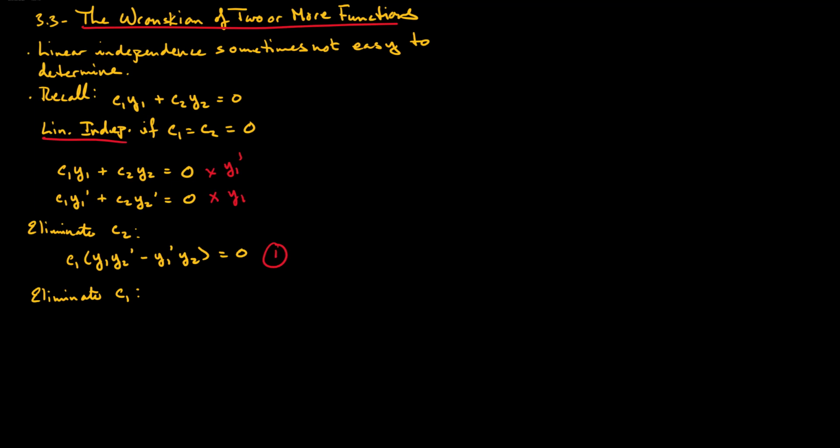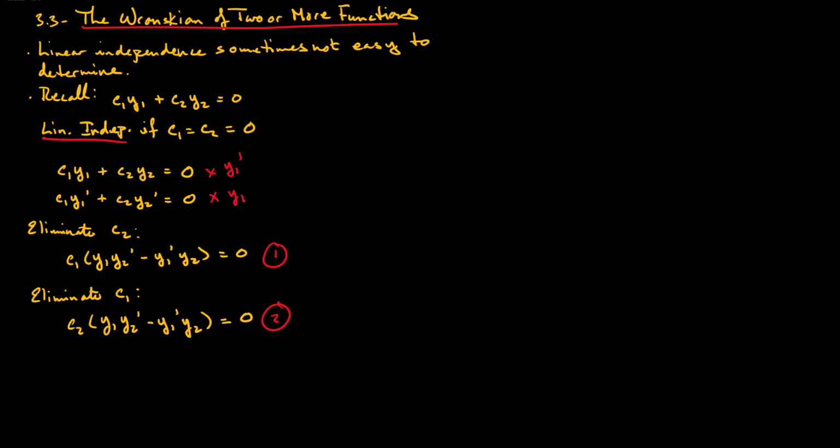And then subtracting the two to get rid of c1, we would find that we have c2 multiplied by (y1 y2 prime minus y1 prime y2) is equal to 0. And this we will call equation 2.